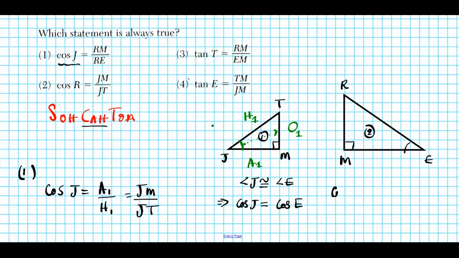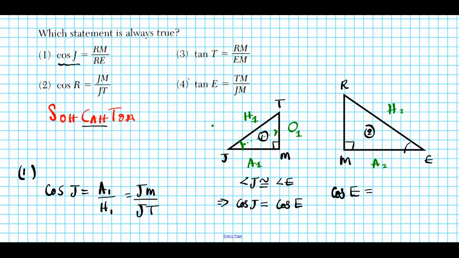Okay, so cosine E, now we are switching to triangle 2. Since we're doing cosine, just to save time, we're doing adjacent over hypotenuse, okay? So this is the adjacent for triangle 2, and this is the hypotenuse for triangle 2.